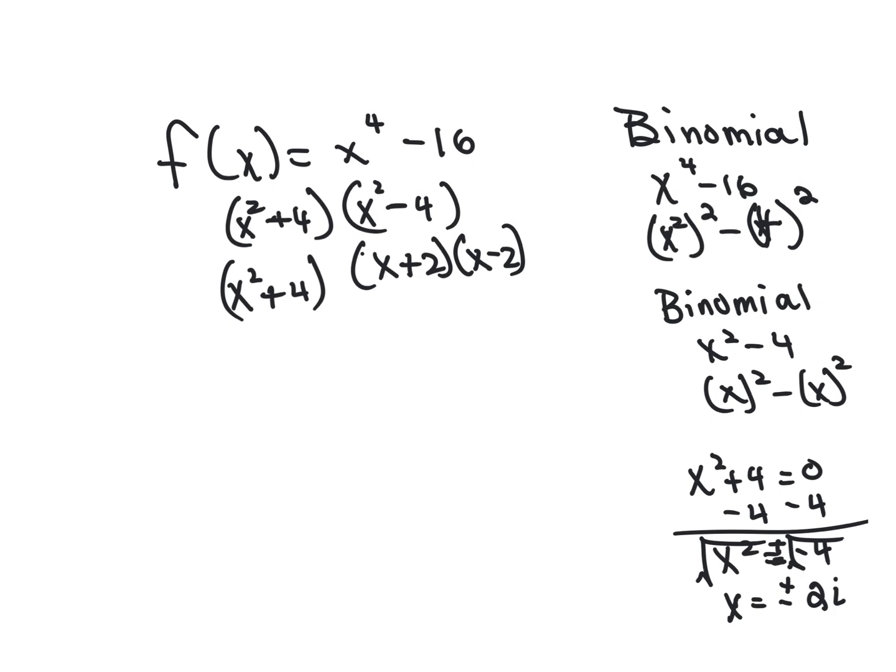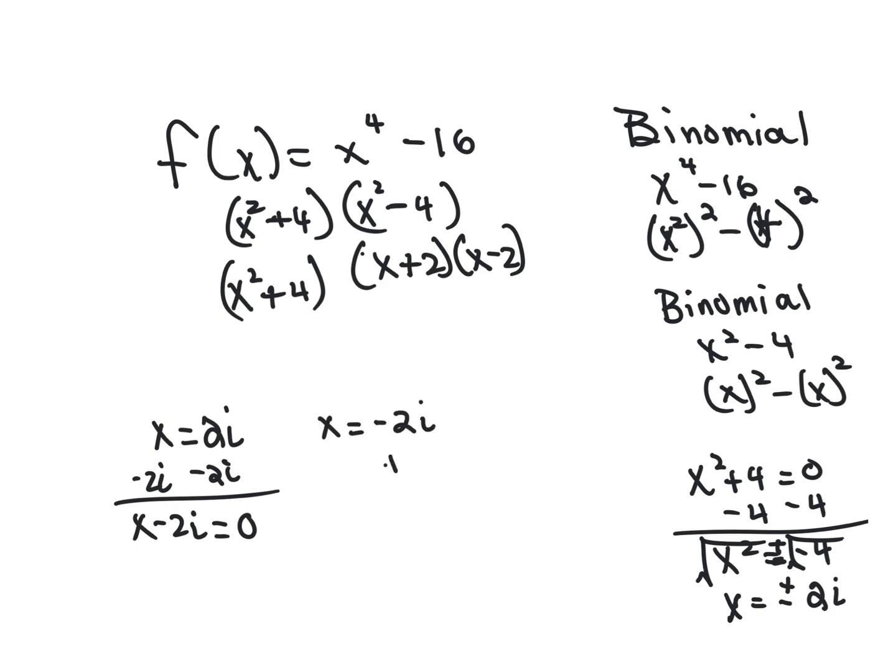So I'm going to work backwards. I'm going to take x is equal to 2i, and I'm going to find its factor. So you would have x minus 2i equals 0, and I'm going to take x equals negative 2i and work backwards to find the factor, and it's going to be x plus 2i.